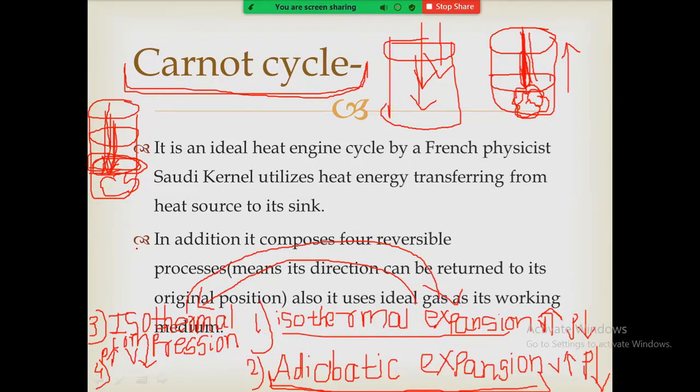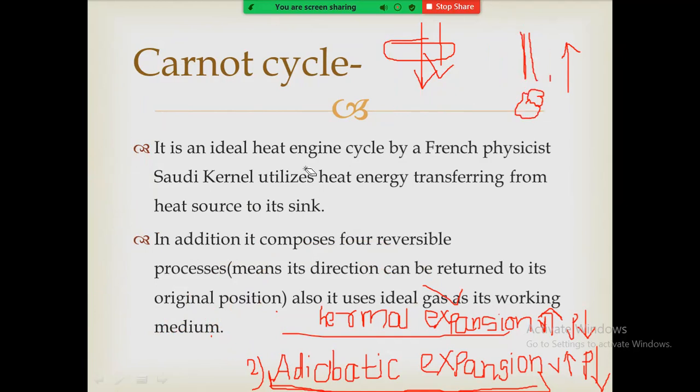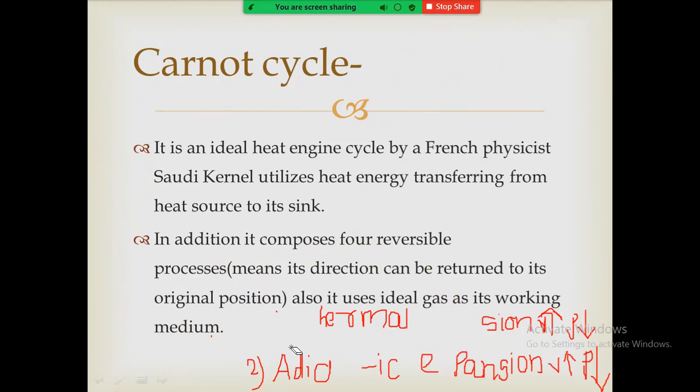So in all these processes, according to the Carnot cycle, there are no frictional losses and there are no conversion losses.